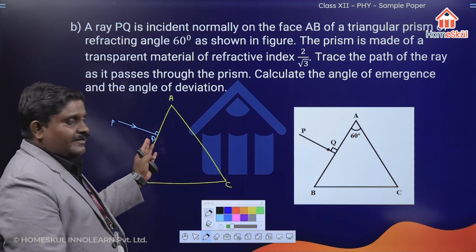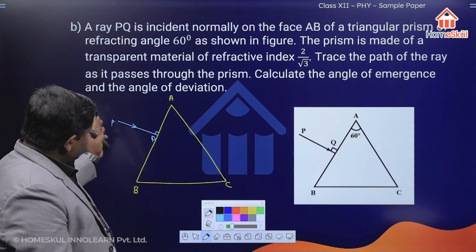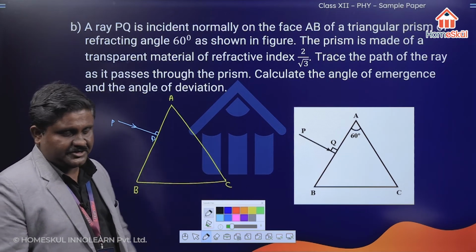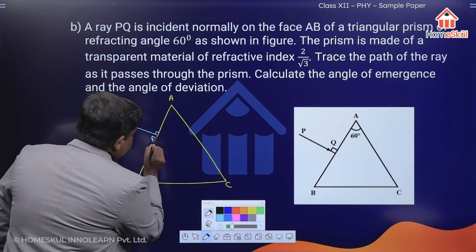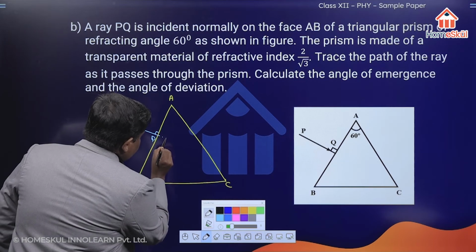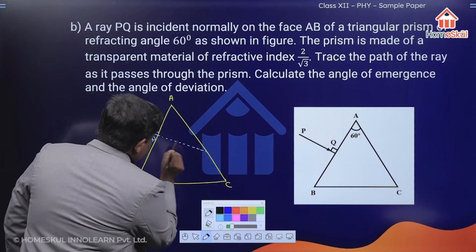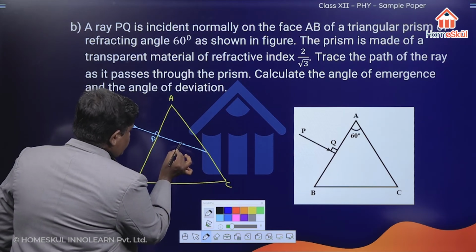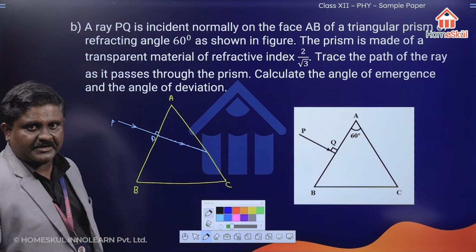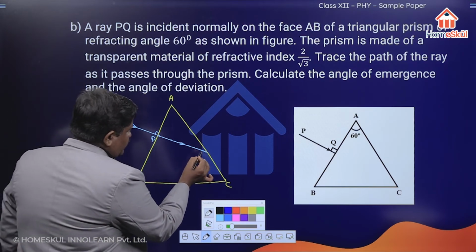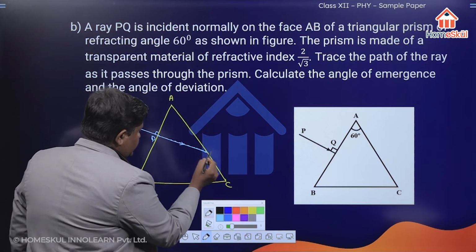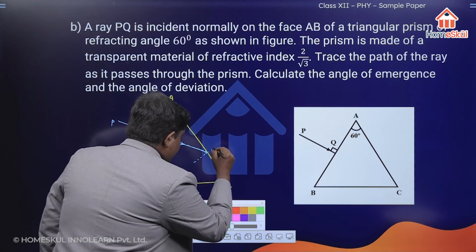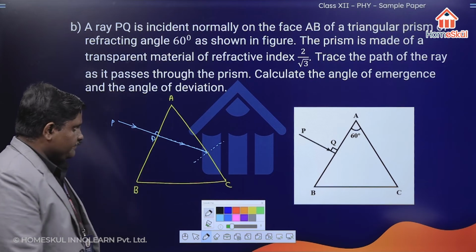If it is normally incident, then that ray will pass through the prism without any deviation, so we draw it like this. Then it strikes the face AC. At AC we have to draw the normal again. See, this is the normal.